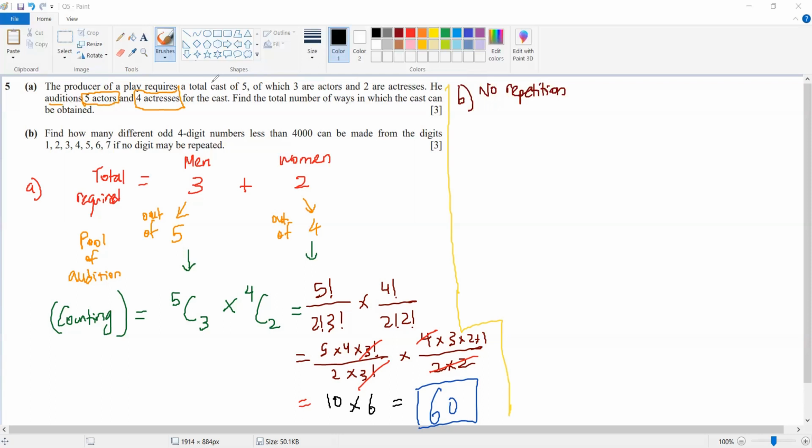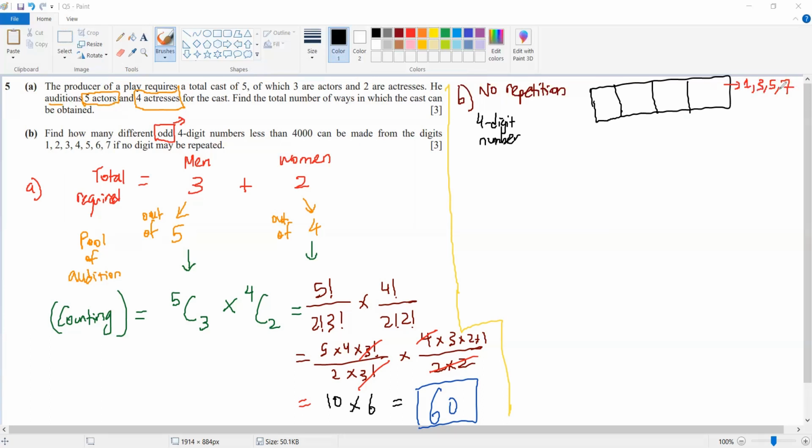So that means the thing is the word odd and this thing. So the trick in this kind of counting argument, the first thing we must observe is that when given the 4-digit number, so the 4-digit number is the structure. That's why you put the 4 boxes. We must consider like this. Must see whether there's any overlap with the conditions. So they want an odd number. Odd means the last digit can only be 1, 3, 5, or 7 in this case.